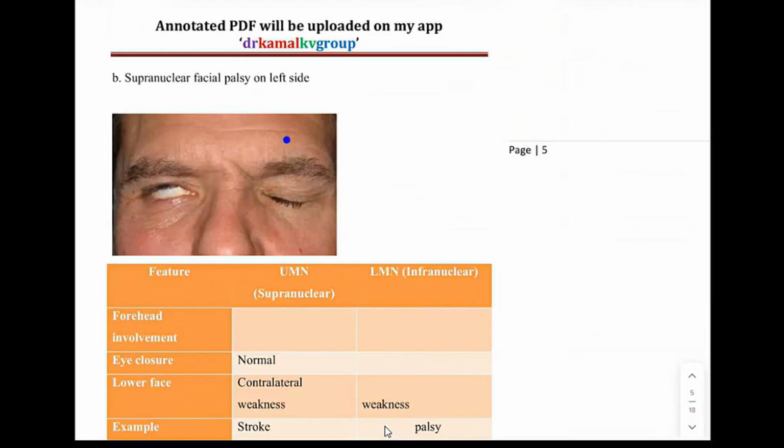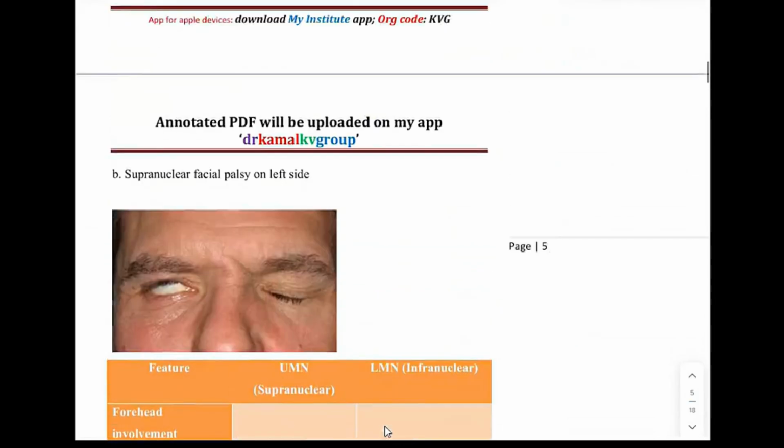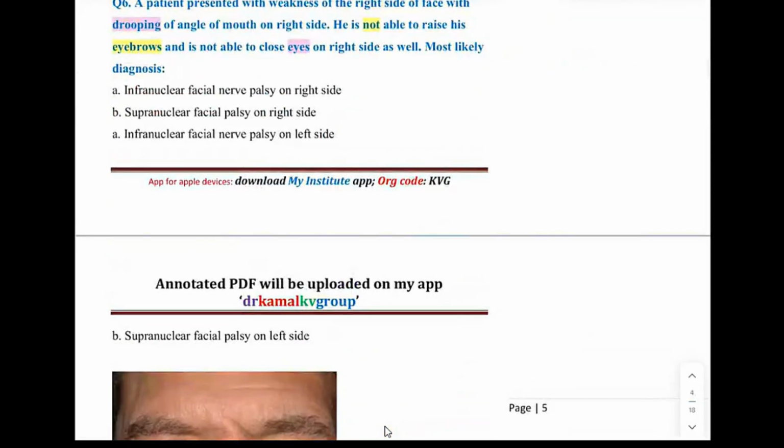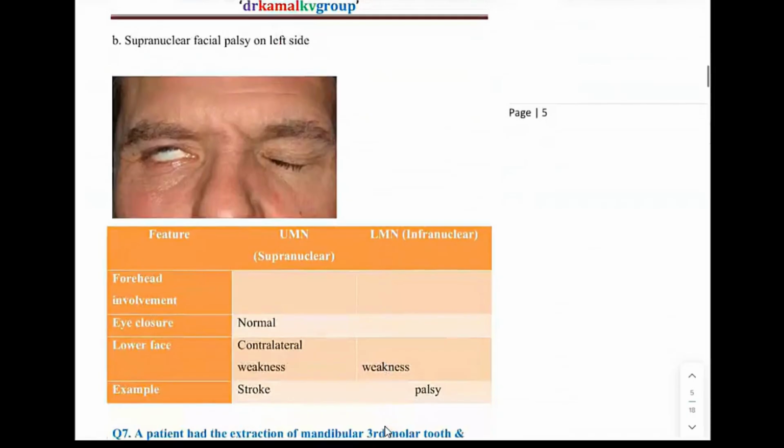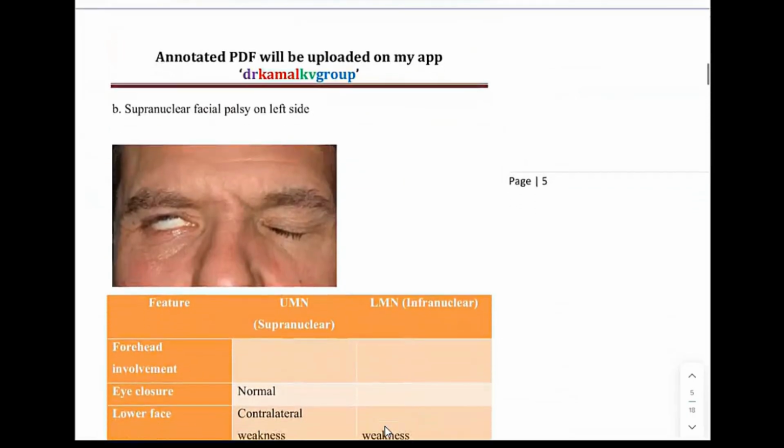Secondly, we can see furrows in the forehead on the normal side, but there is no movement here. Clear? Then third, the angle of the mouth is low on the affected side. So this is classical involvement.